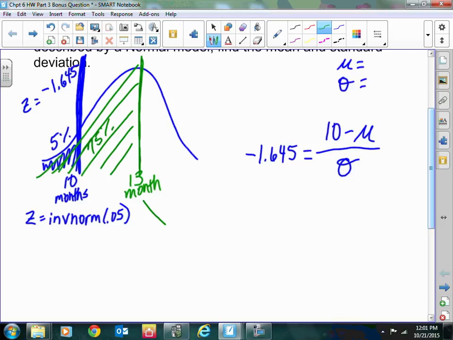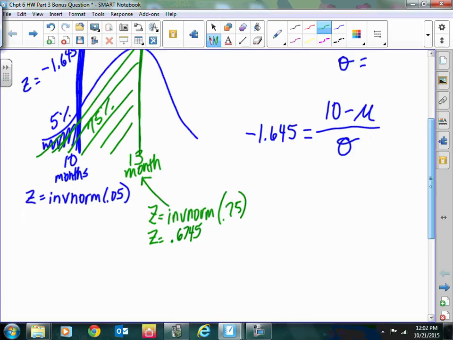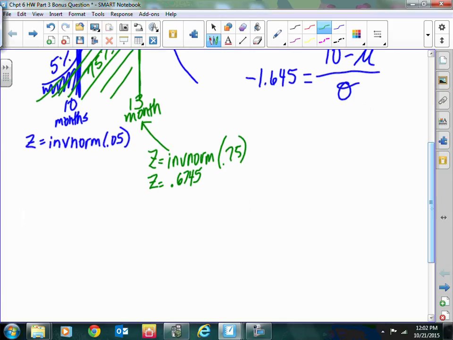How do I find the z-score here? It is inverse norm of the area below, which the area below is 0.75. That comes out to a z-score of 0.6745. Now, people, based on what we just did 10 minutes ago, this should sound familiar.